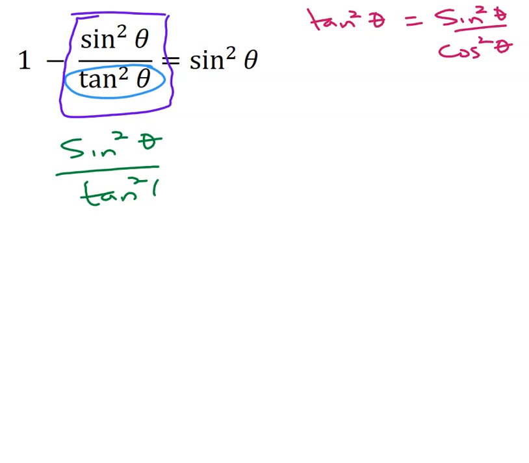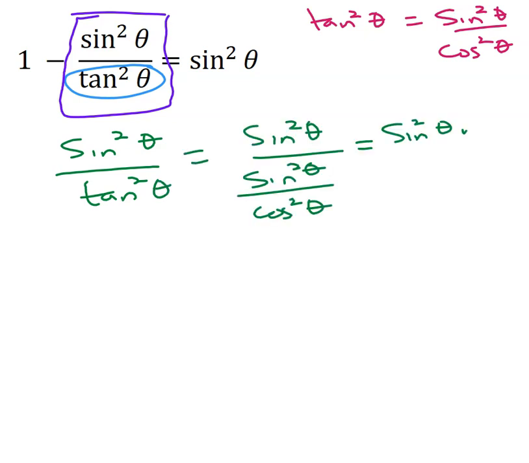So we're now going to simplify this as sine squared theta multiplied by cosine squared theta divided by sine squared theta. So you can see that this is going to cross out and we're going to end up with cosine squared theta.